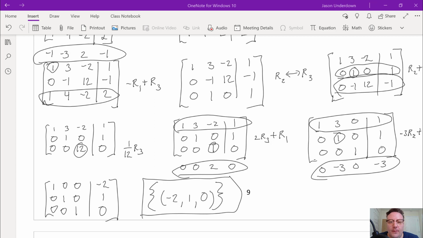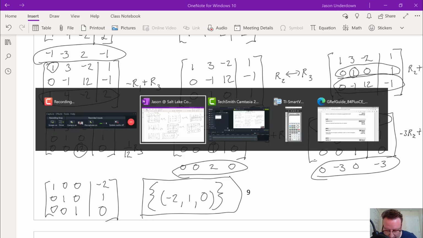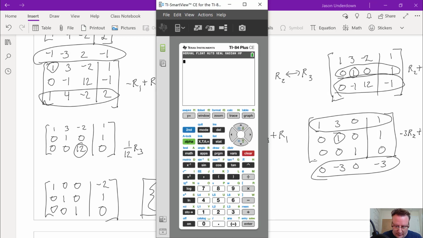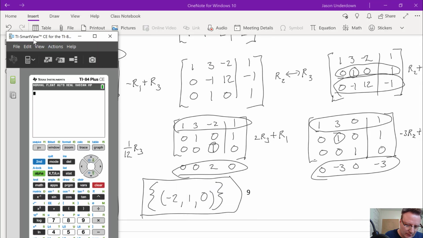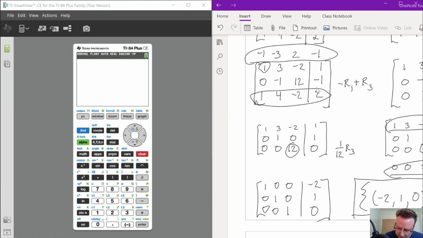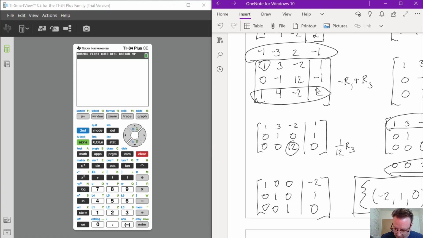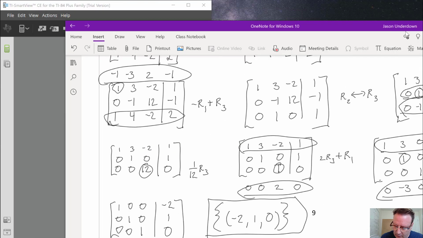Okay, now that we have a solution to the system, I want to use our calculator to check our answer. I want to show you how to do that. So let's pull up the calculator.